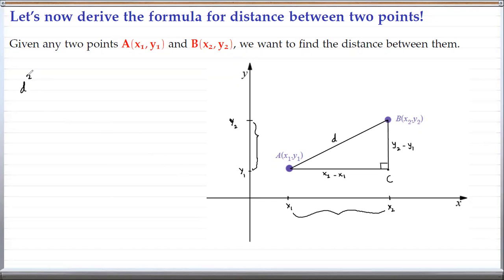Using that, we have D squared, that length, equals AC squared plus BC squared. Since we want to find D, we can take the square root of both sides. So D will be the square root of AC squared plus BC squared.